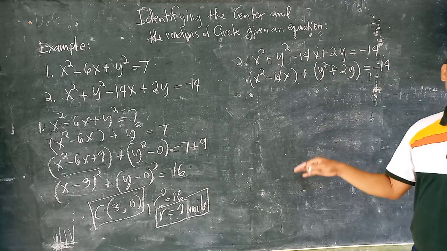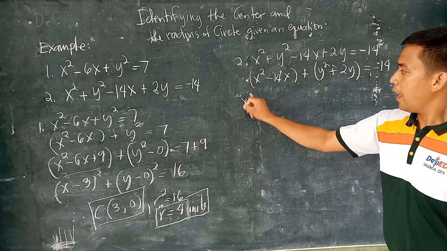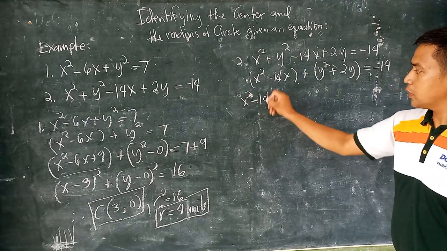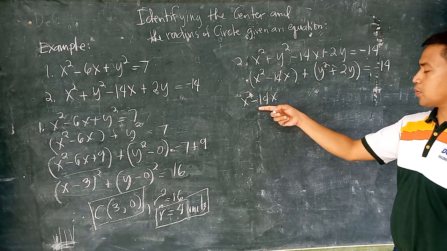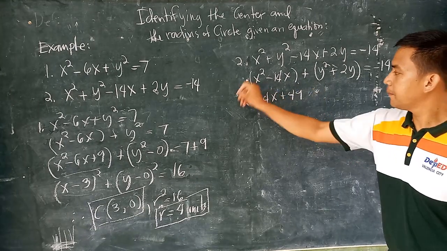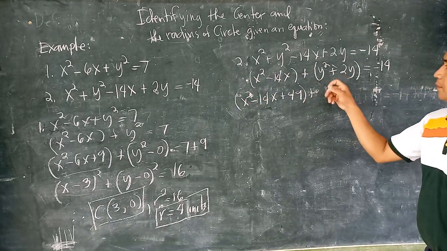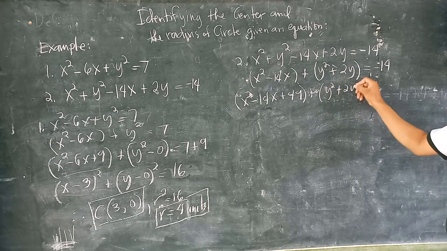After regrouping, we complete the square. For x squared minus 14x, half of this is negative 7, and the square of negative 7 is 49, so plus 49.